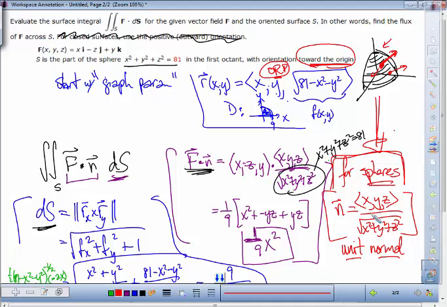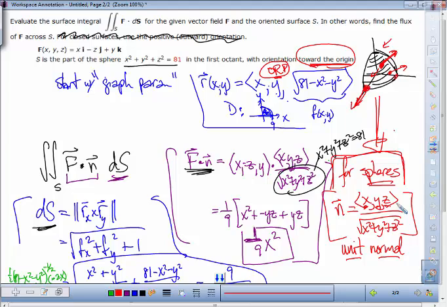The outward vector is xyz, so you pretend you're at a point xyz. You can pretend you're at the point 1, 0, 0 right here, and your normal vector is going in the same direction as that point from the origin. So the outward normal vector is going to be the same as the actual point xyz that you're on.